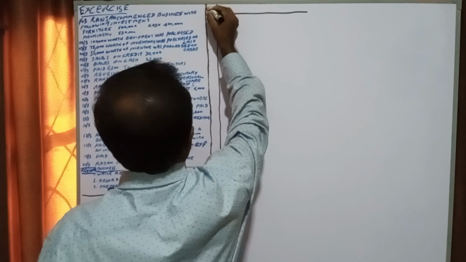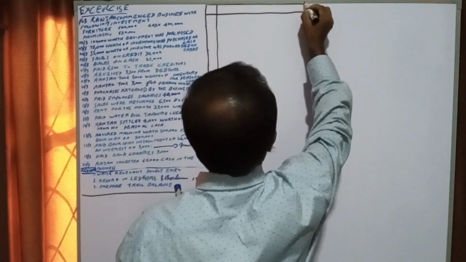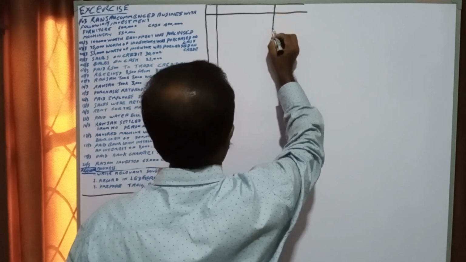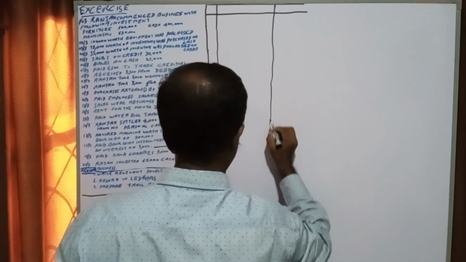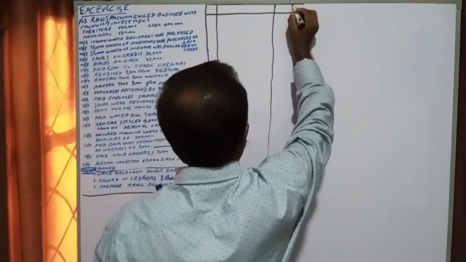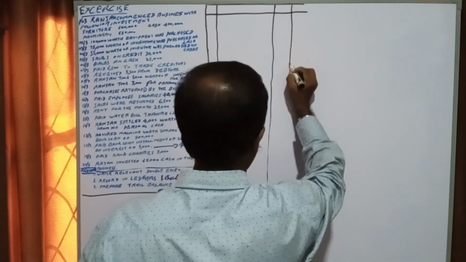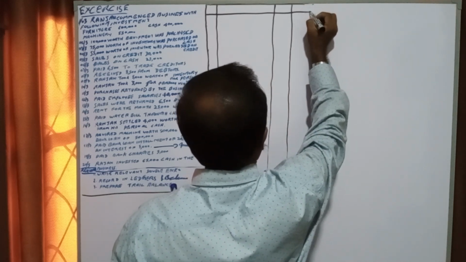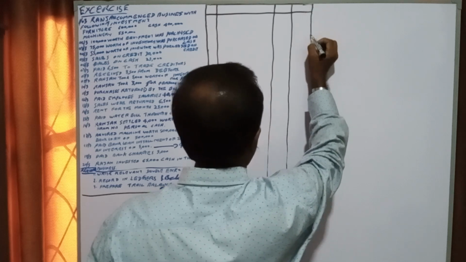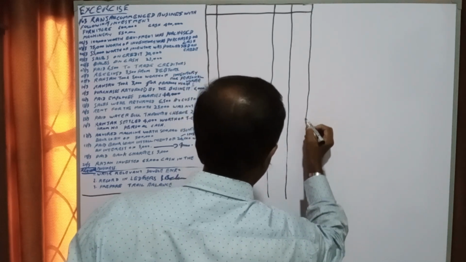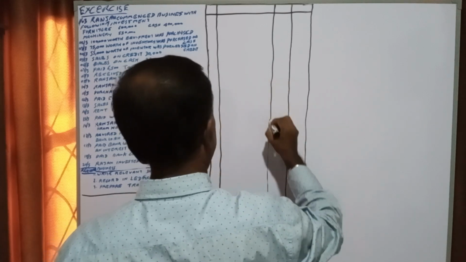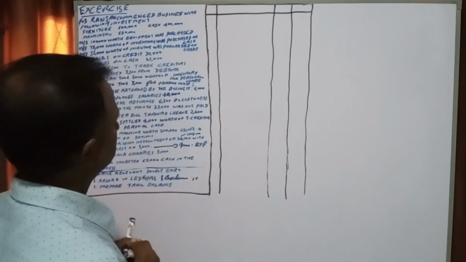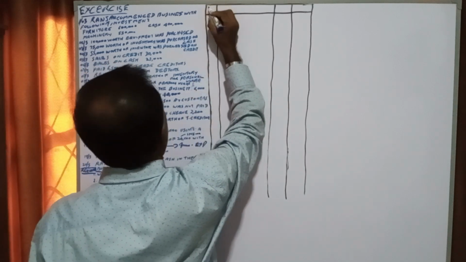Account headings. Debit and credit. Here we will say ledger folio number.